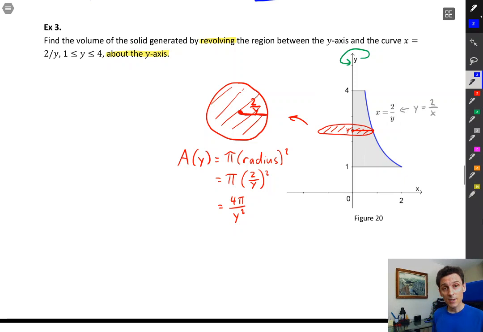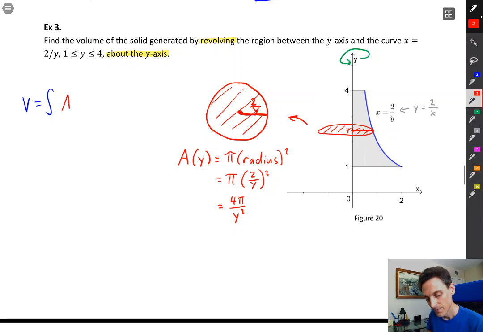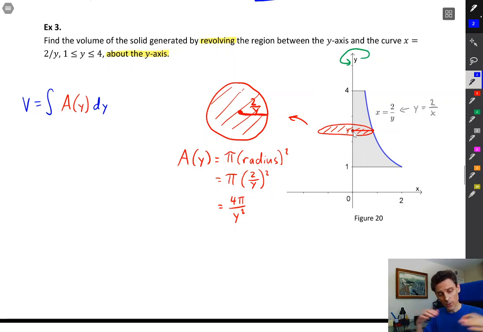Okay, now the same exact concept for dealing with cross-sections along the x direction applies to cross-sections along the y direction. If you want to find the volume of the solid that's generated by all these circular cross-sections, you're going to integrate all those areas. But everything's just in terms of y. If you think back to how we were using approximating cylinders, well, if our cylinders are horizontal, then the radius of these cylinders is going to be some kind of function of y.